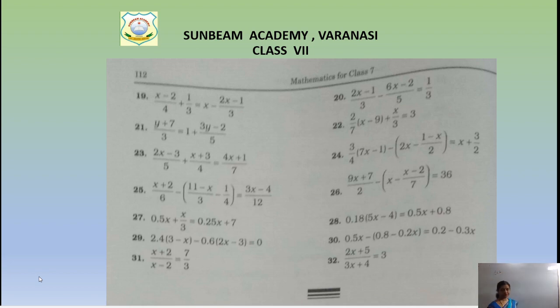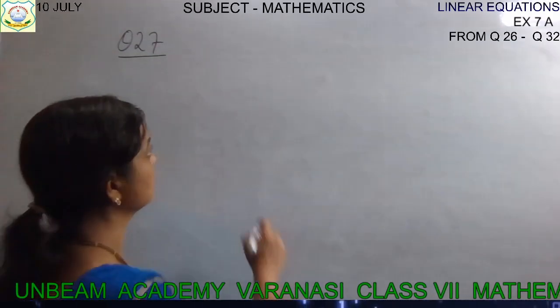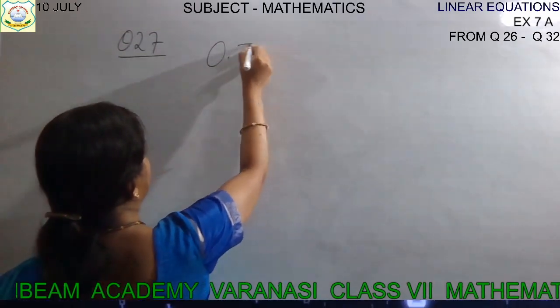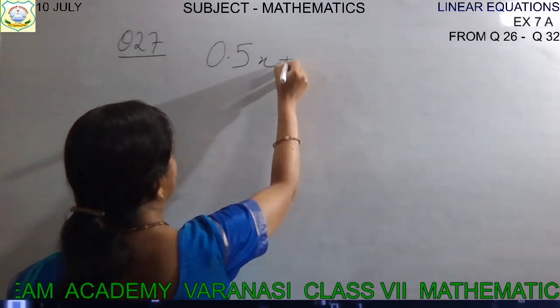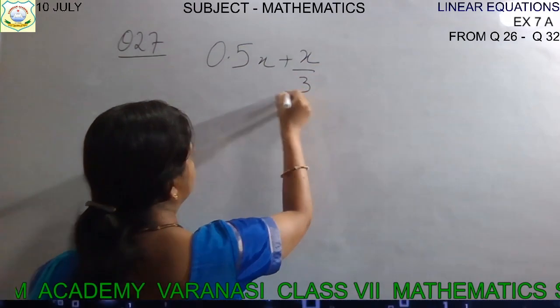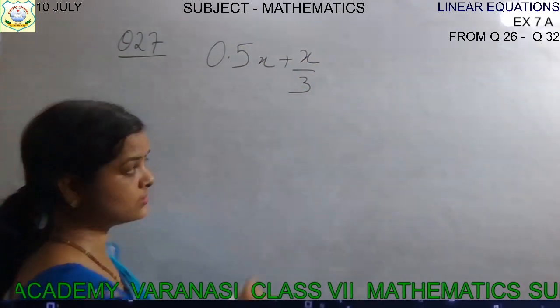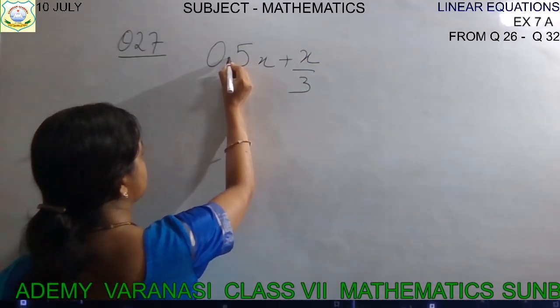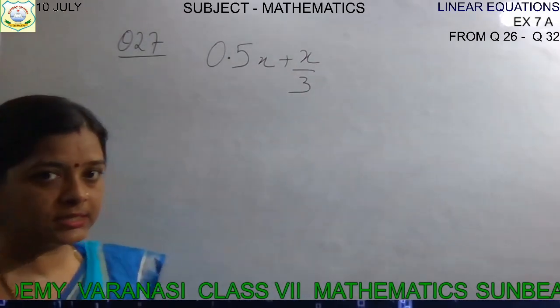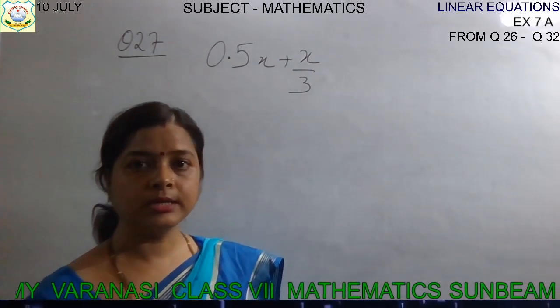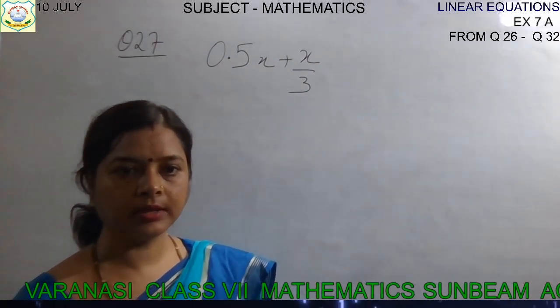It is 0.5x plus x by 3. Write down, children. 0.5x plus x by 3. Is the point visible? I think yes. Is the point visible to you? Yes, it is visible, children. So 0.5x plus x by 3.